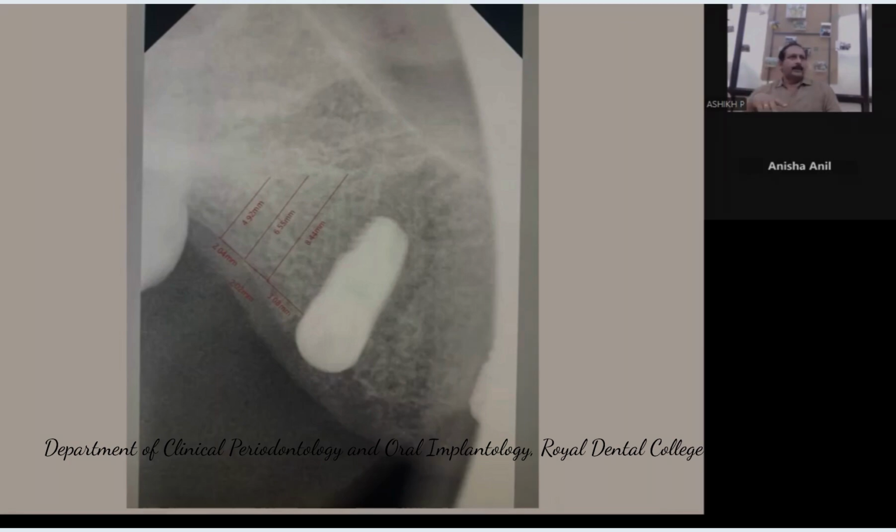You have reached a position wherein you can further go with your expansion screws, which will expand the width, as well as move into the apical area. If the sinus comes in its way, definitely it's not going to move further. It will offer you resistance.